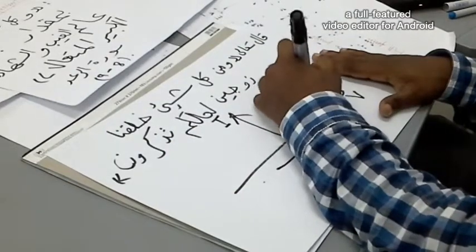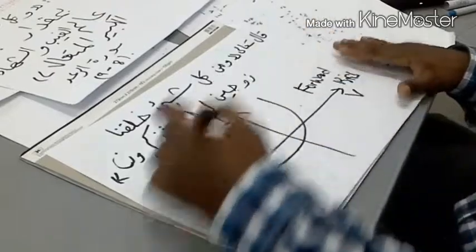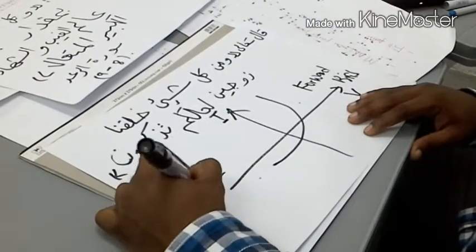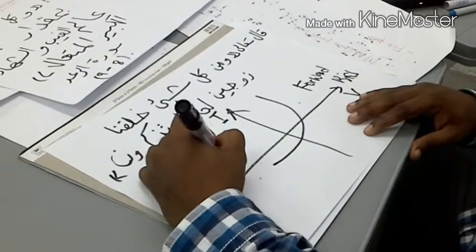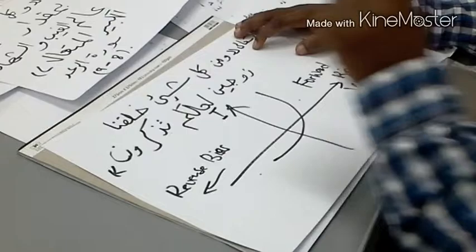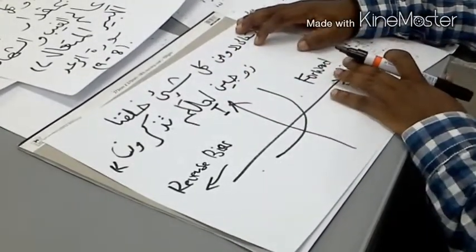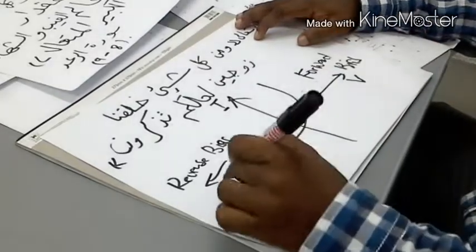This is forward bias, and this is the reverse bias. So in the forward bias, we have different characteristics. The diode will behave with several characteristics.